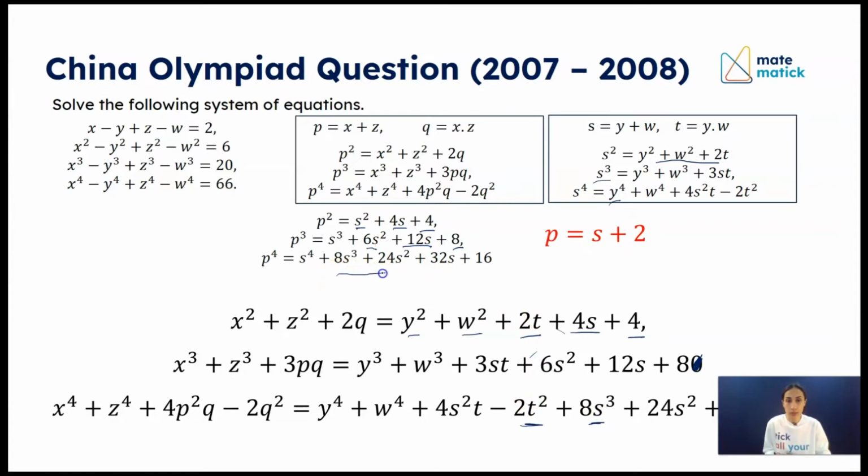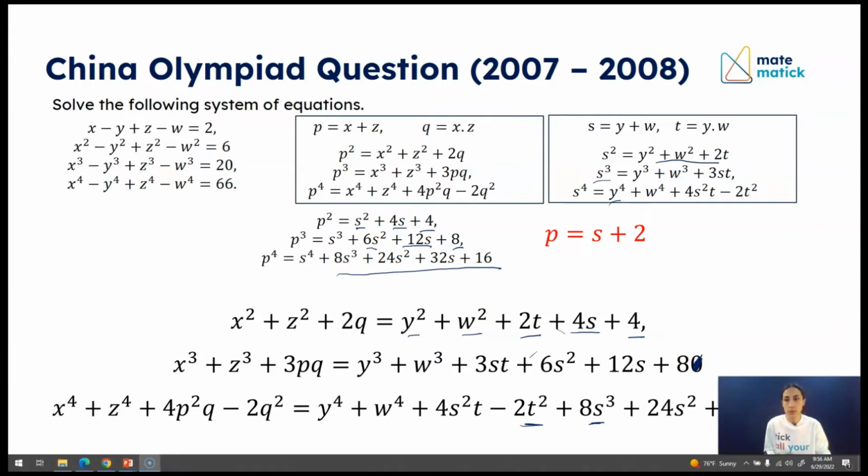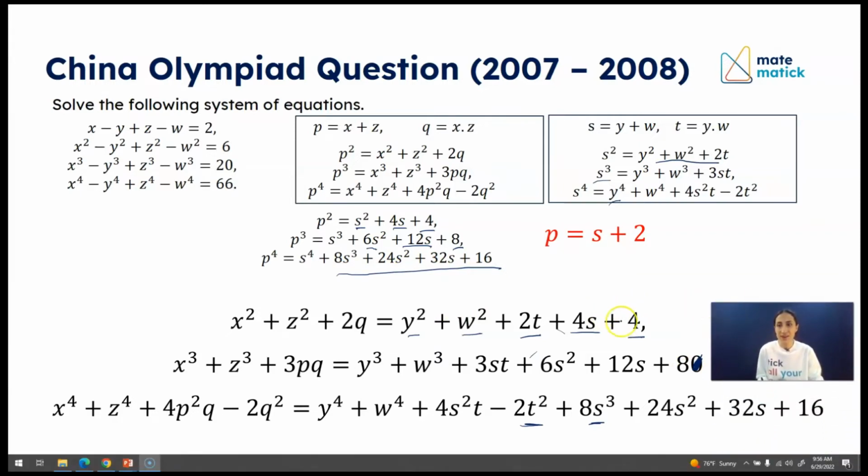Okay, 8s cubed plus 24s squared, you know this. So it is 8s cubed plus 24s squared plus 32s and plus 16.